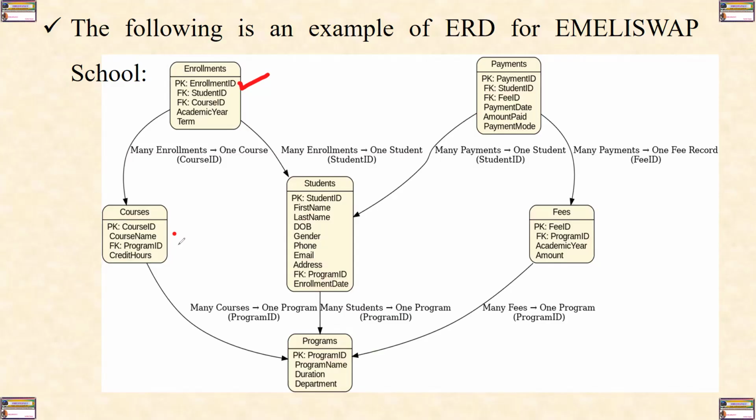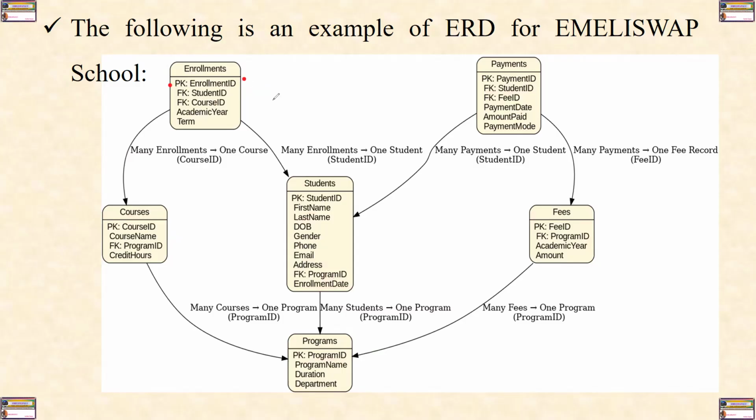Now, let me first of all show you which are the primary keys in this ERD. The primary keys are all indicated as PK. So in the enrollment entity, that is the enrollment table, we have a primary key called enrollment ID.